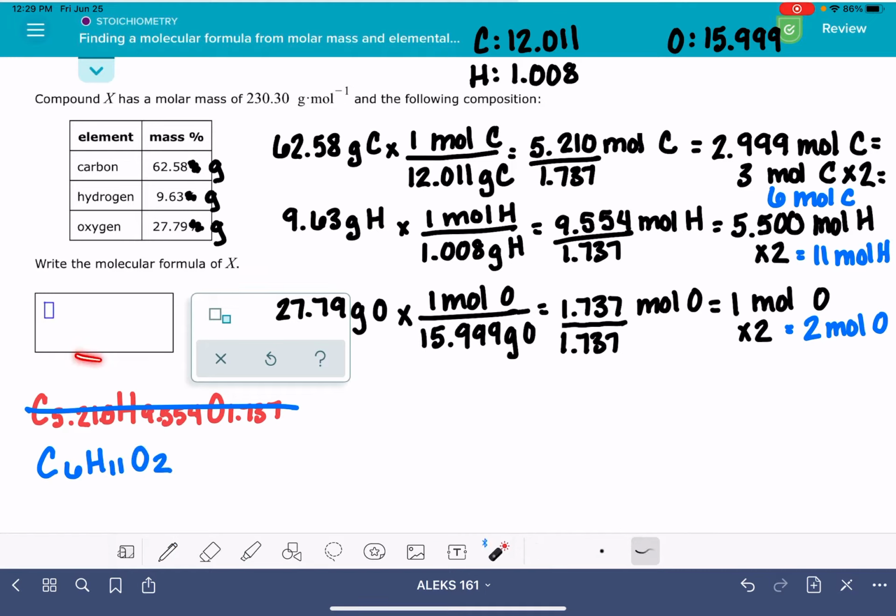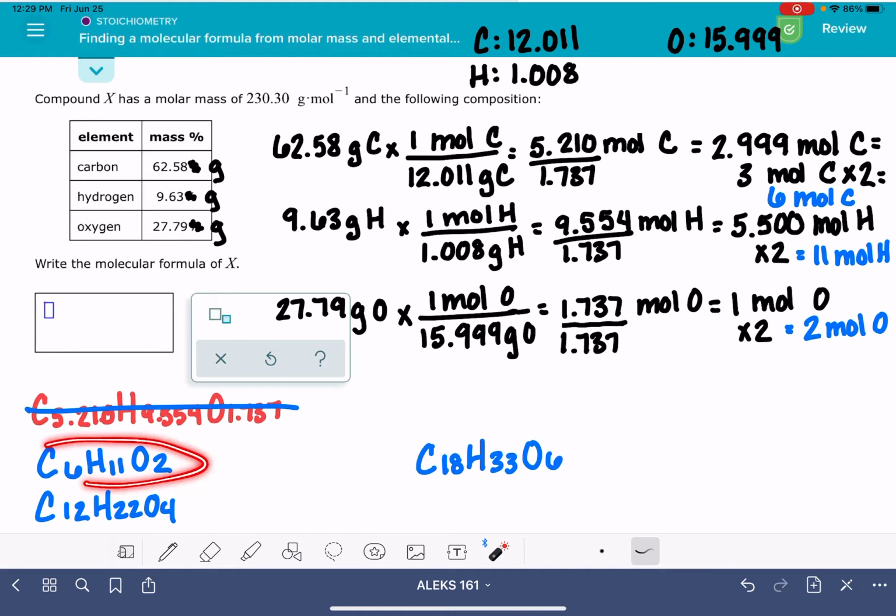Now that is not what the problem is asking for. It wants the molecular formula. The empirical formula is the smallest ratio of atoms. The molecular formula could be C6H11O2, or it could be twice that, C12H22O4, or maybe it's 3 times that, C18H33O6. And we can continue if we wanted.